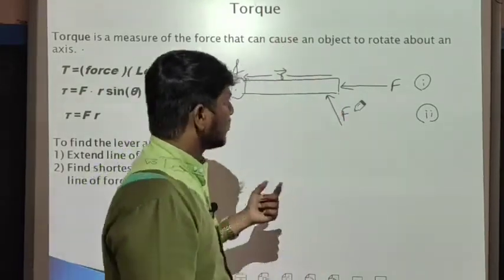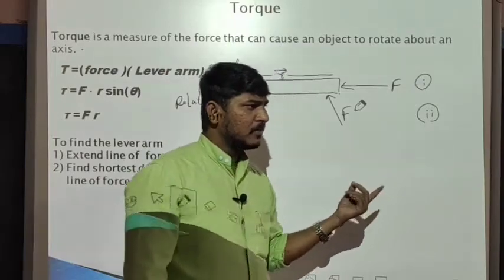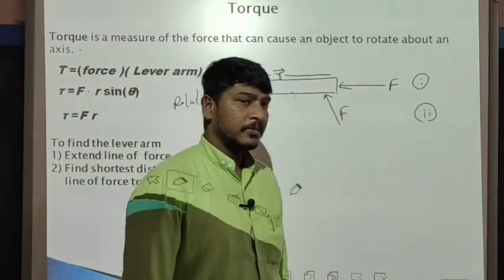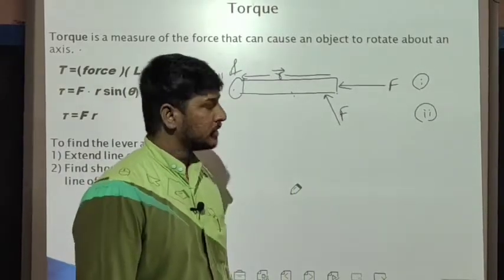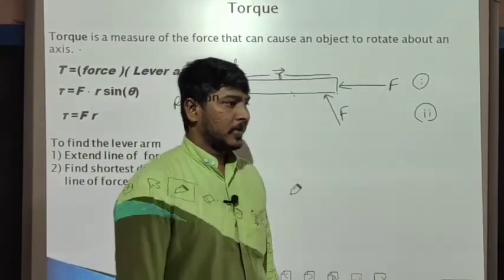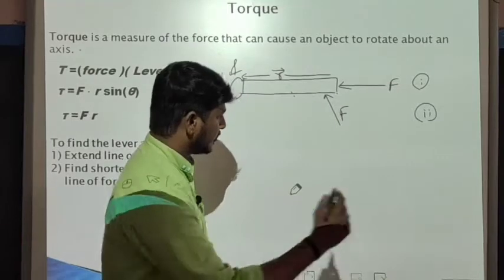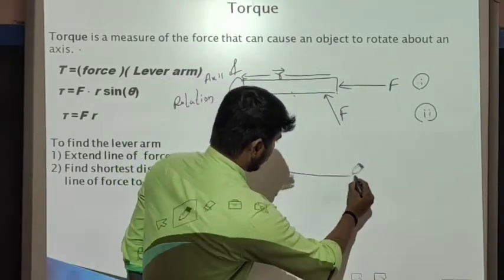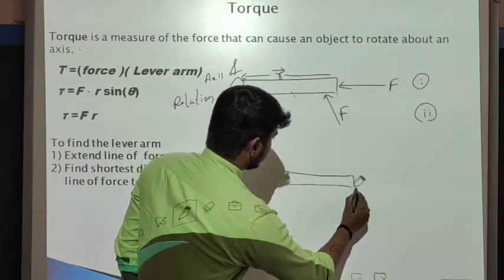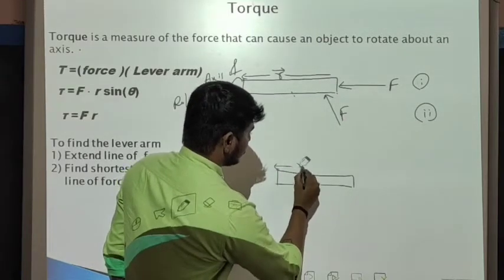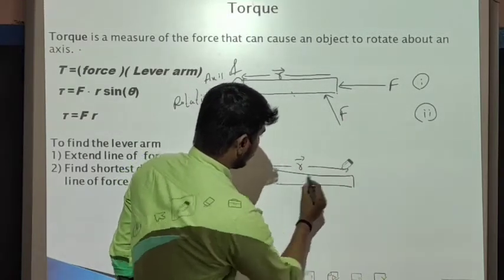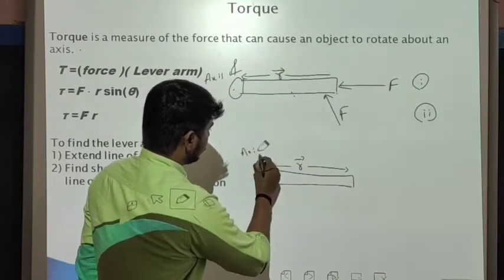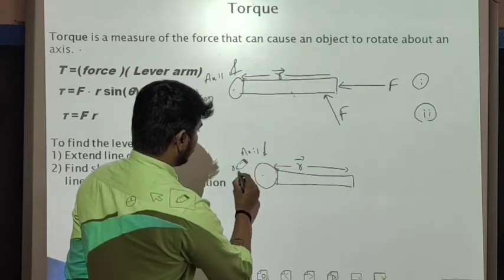Okay, now let us find the equation for torque. To find the equation for torque, I am going to take the same example, that is, this is the object and this is the distance vector r and this is the axis of rotation.